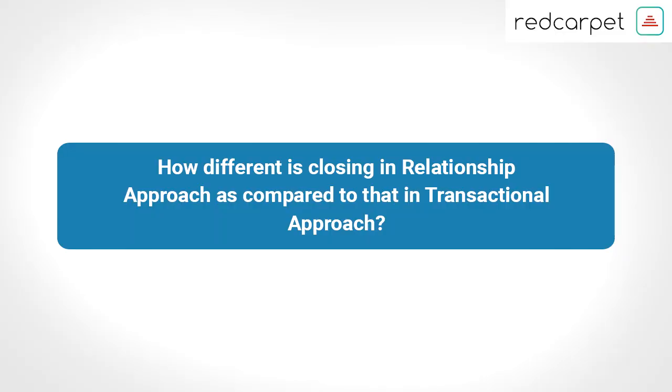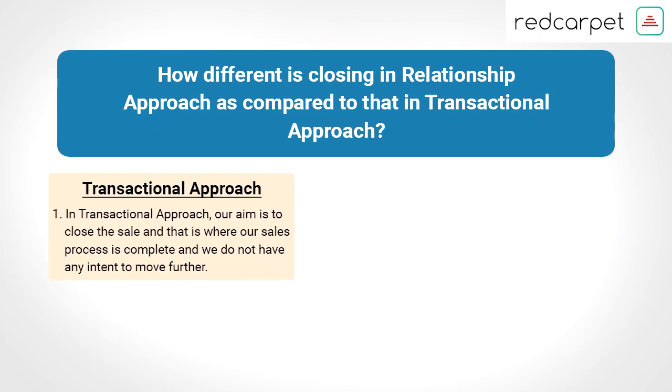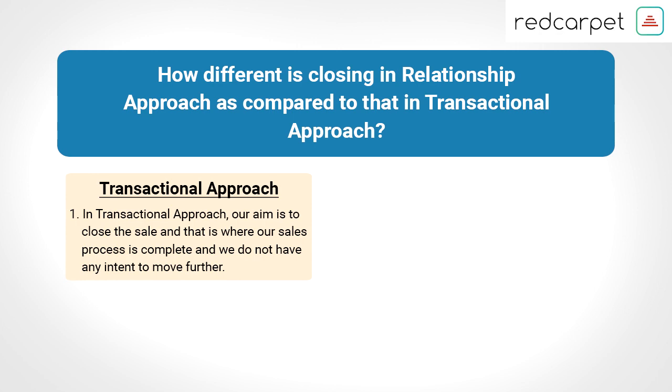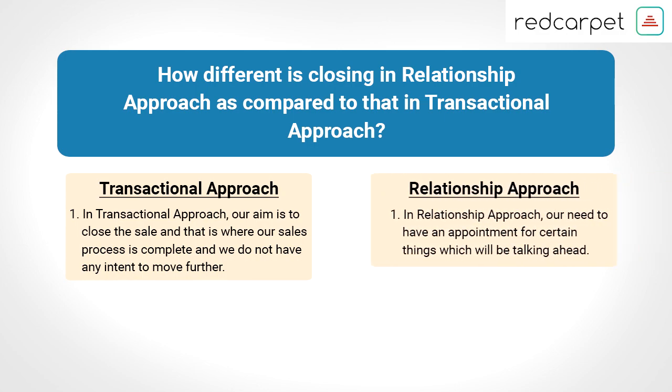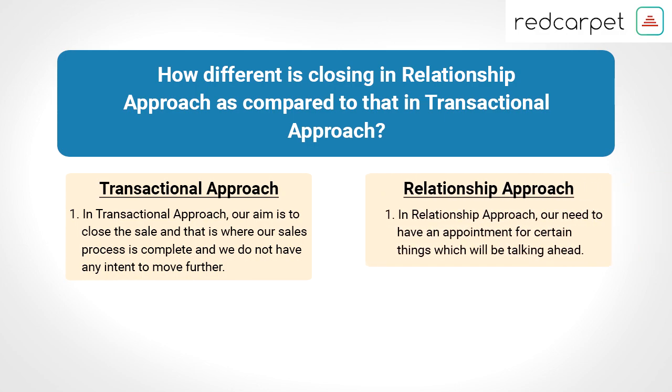Now, the main question which comes to us is how different is closing in the relationship approach as compared to the transactional approach. In the transactional approach, our aim is to close the sale, and that is where our sales process completes, and we do not have any intent to move further. But when you are talking about relationship sales, here everything doesn't end.